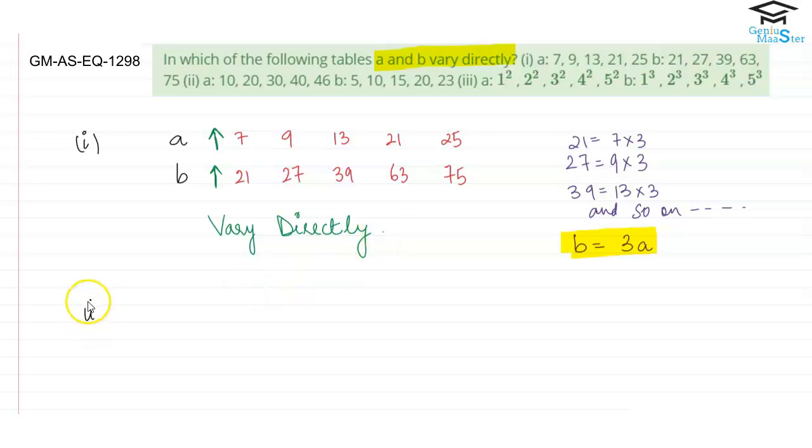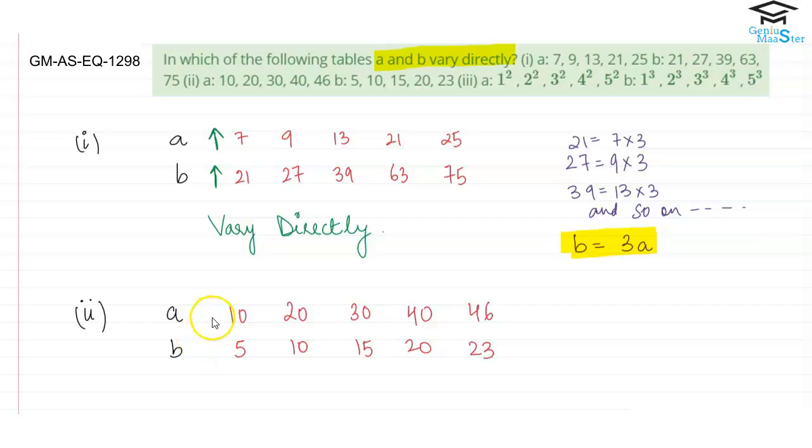Now we will see the second table, A, B. We will write the values of A and B again: A is 10, 20, 30, 40, 46, and B is 5, 10, 15, 20, 23.